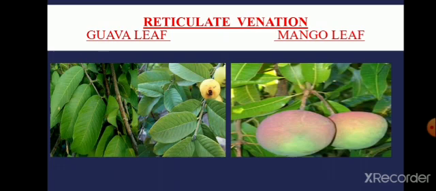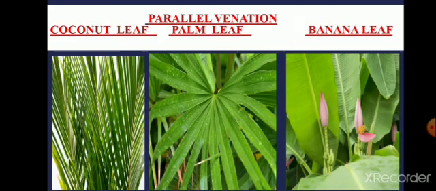Then we go to parallel venation. It is said to exist when the veins run parallel to one another.